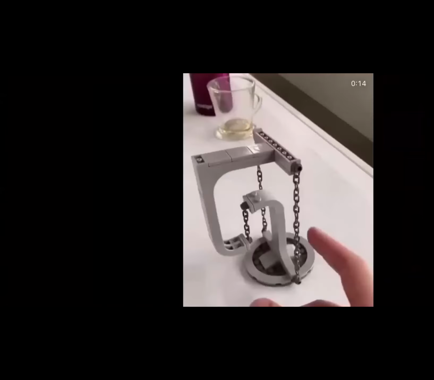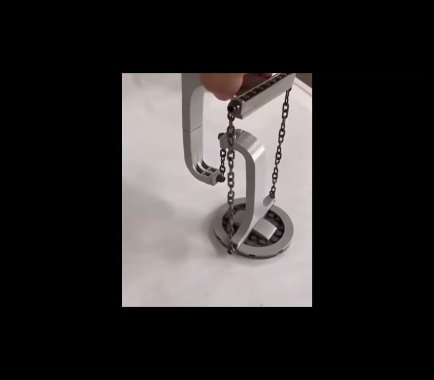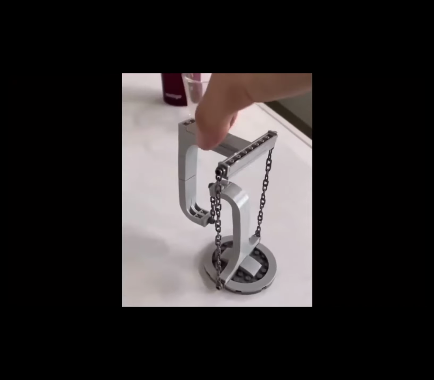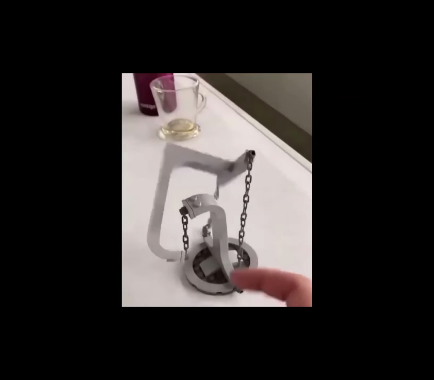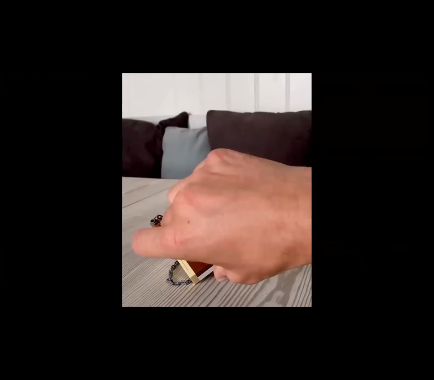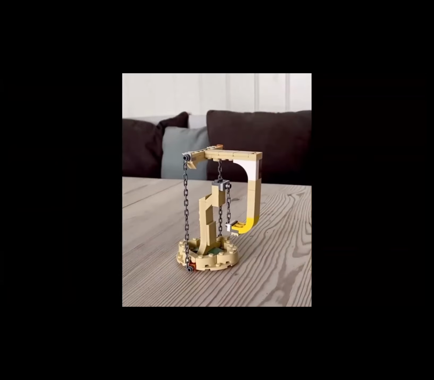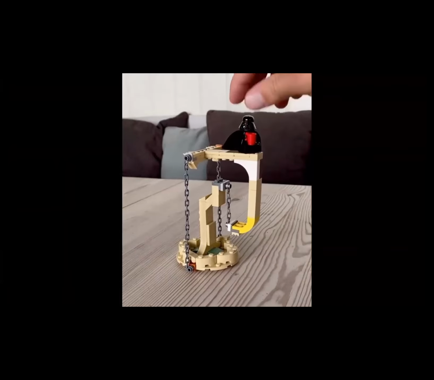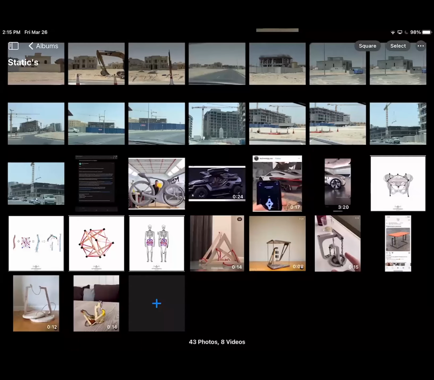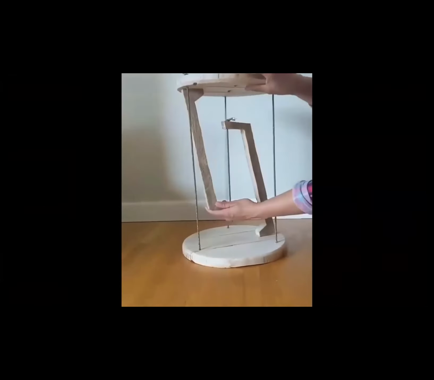Here, I like this one. Okay, so have you guys seen these structures around? Here's another one. On Instagram and stuff like that, TikTok.